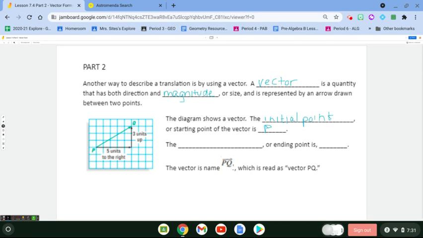The ending point, another name for the terminal point, is Q in this diagram. The starting point, or initial point, is P, and then the arrow shows you that it keeps going, but that is also known as the terminal point. The vector name PQ is read as vector PQ.